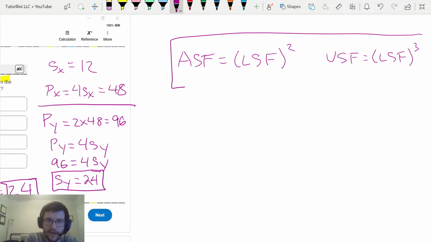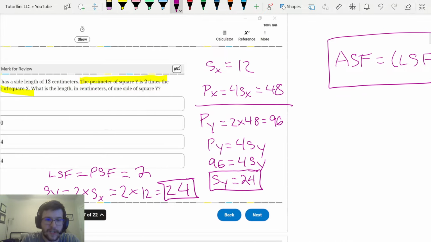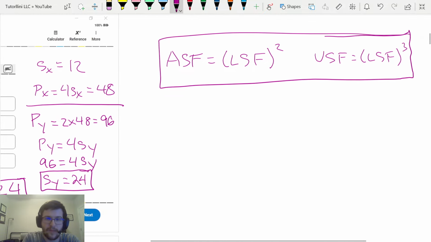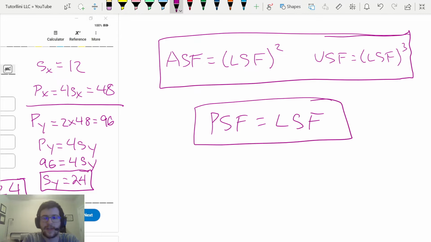I talked about that in a previous video, and I'll talk about it again if a question comes up that asks it. But what this question was testing you on was that the perimeter scale factor is just equal to the linear scale factor. So the perimeter is just equal to the linear, and then the area scale factor, you have to square it, kind of like s squared, and then the volume scale factor, you have to cube it, kind of like volume equals s cubed of a cube.